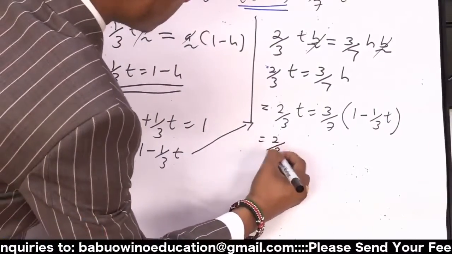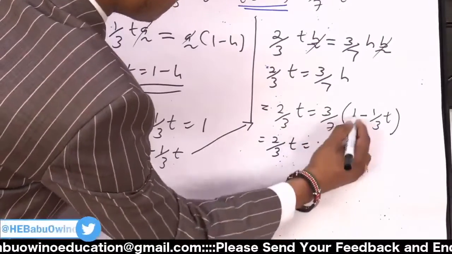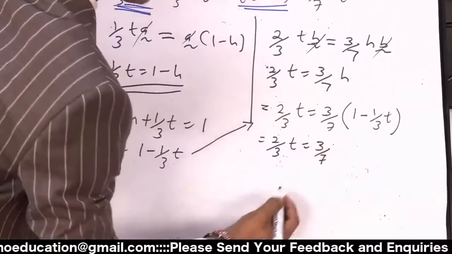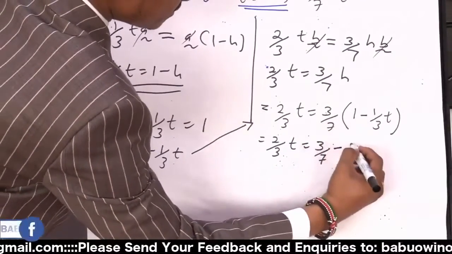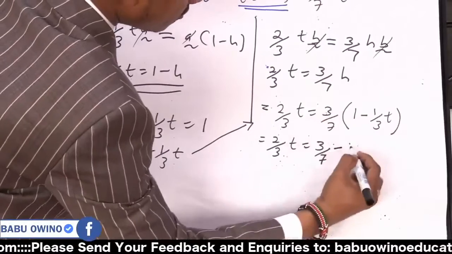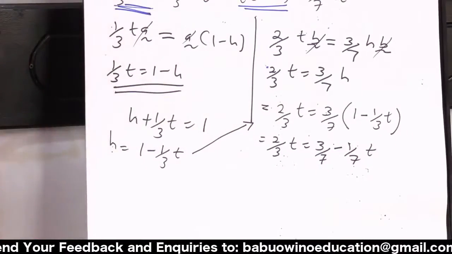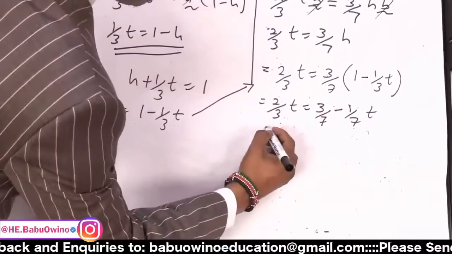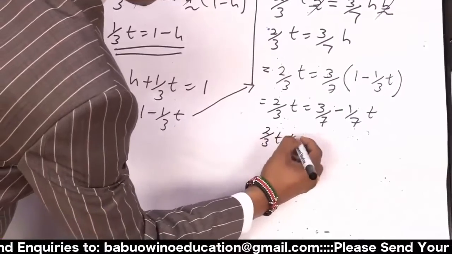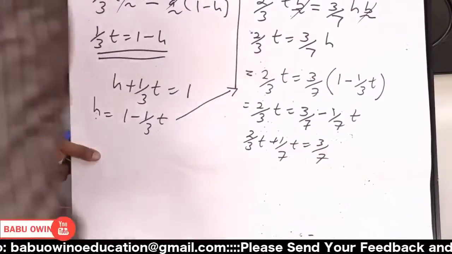This is 2 over 3T equals 3 over 7 times 1, which is 3 over 7. Then 3 over 7 times this becomes minus 3, and 3 goes, becomes 1 over 7 T. Then collect T's on one side. So T comes on this side, becomes positive. So 2 over 3T plus 1 over 7T equals 3 over 7.